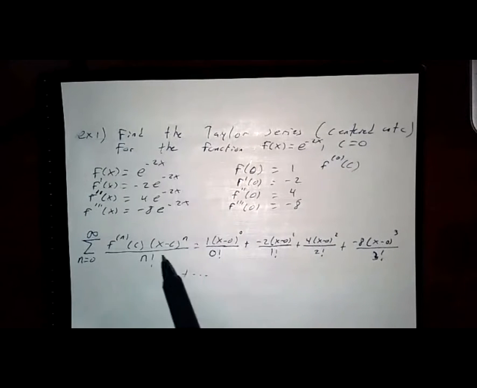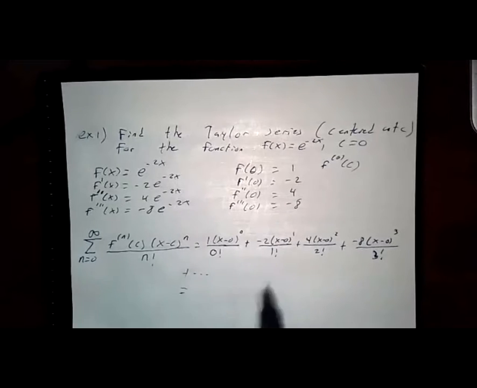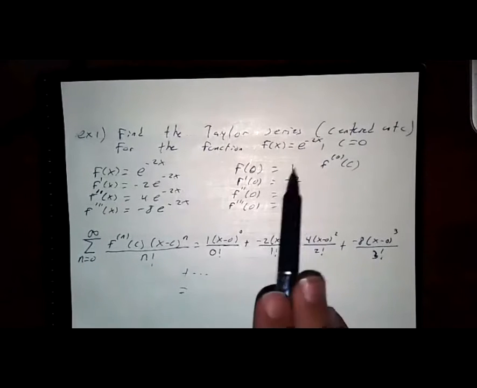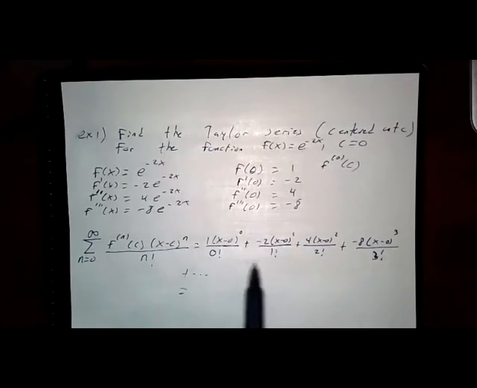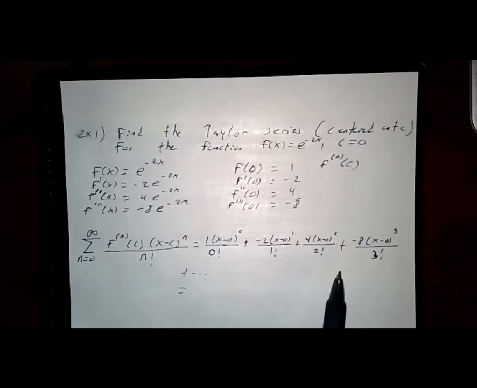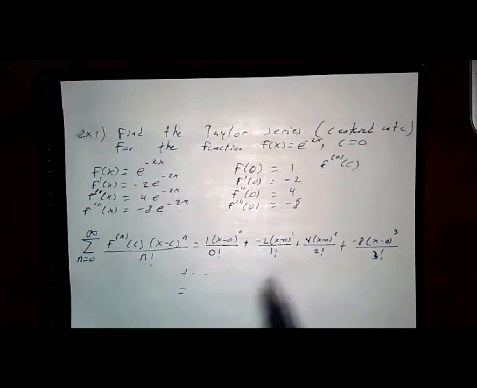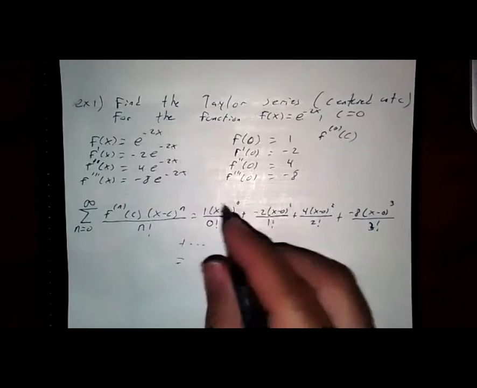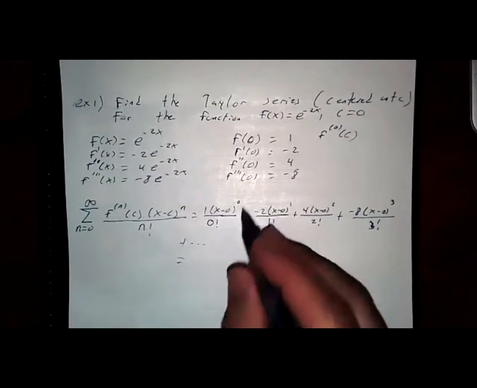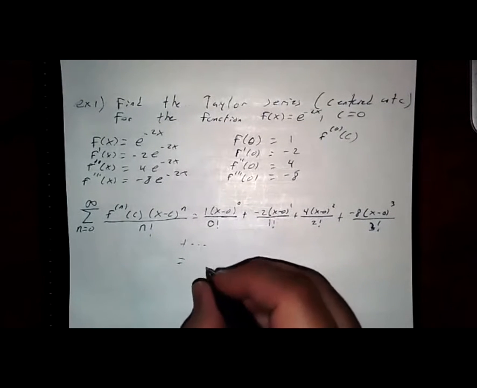This is the Taylor expansion formula. Remember, the 1, negative 2, 4, negative 8 came from the derivatives. The x minus 0 comes from the formula, and the factorial is from the formula. So let's try to figure out what the pattern is going to be. Let's simplify this. x minus 0 to the 0 is gone, which leaves me with a 1.